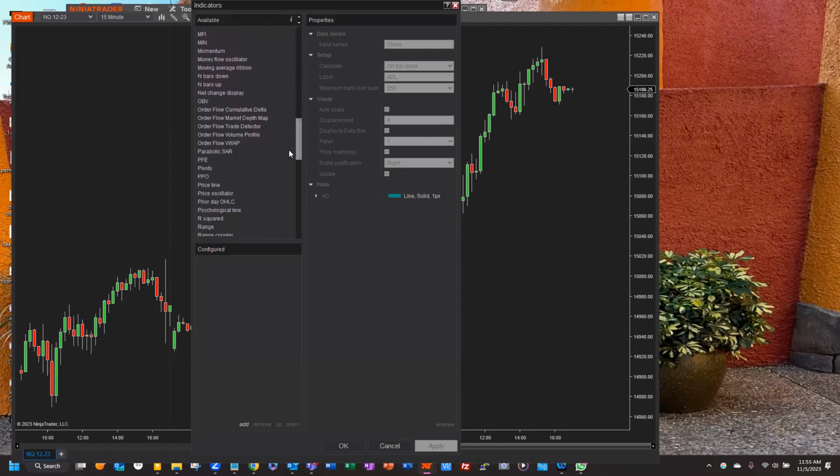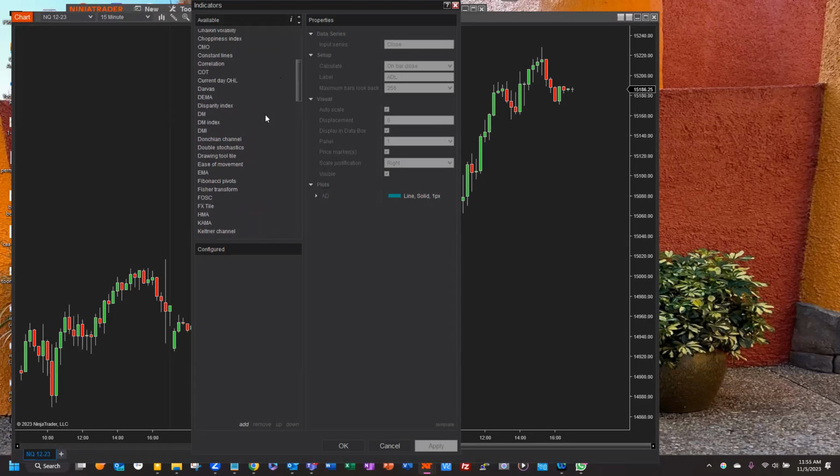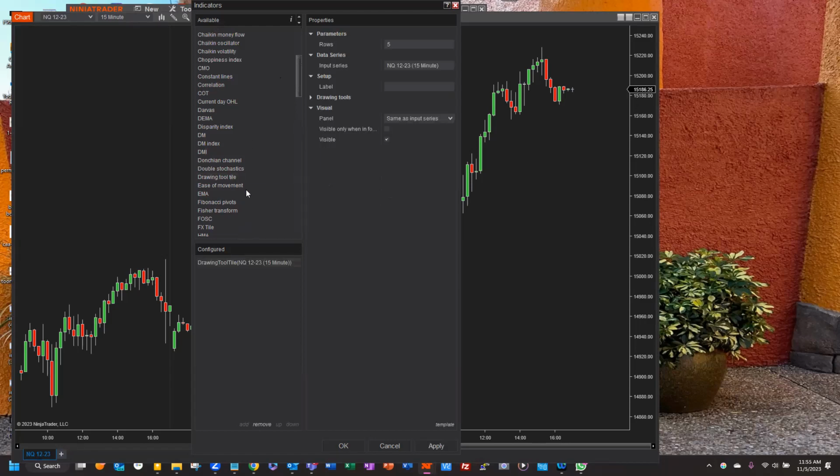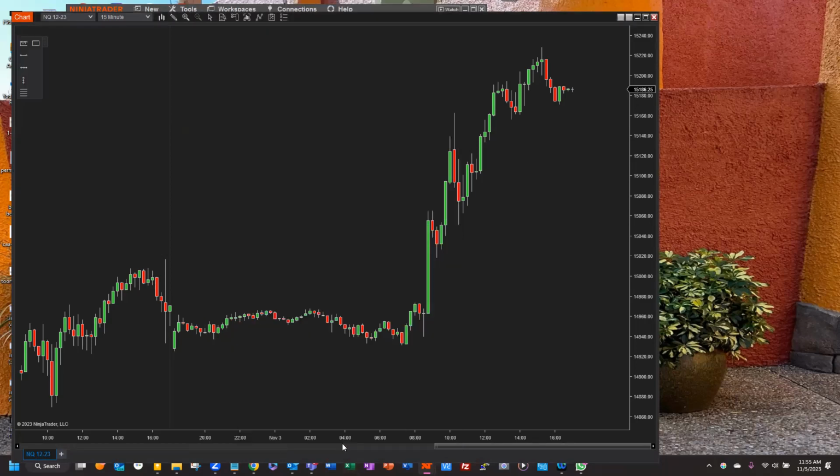This is alphabetical order here. Okay, all right, we're good. Now all you have to do is say okay because it's already a template or a default. We've already done that. And there you go. You got that on a chart.